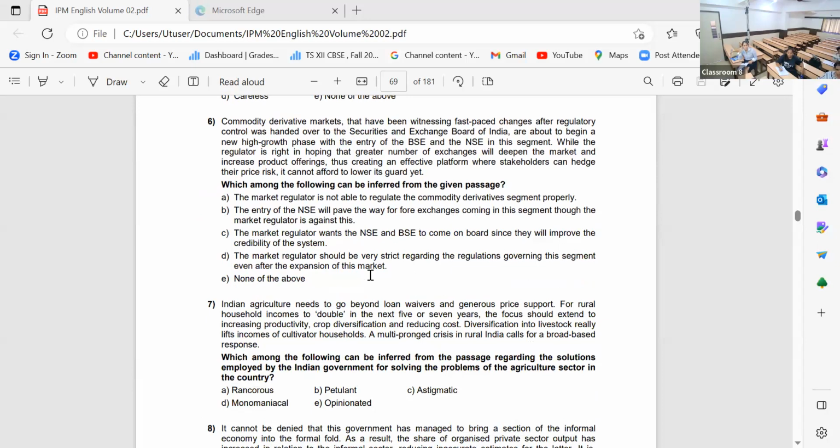Which one, dear? D. She's saying none of the above. No, D. Market regulators should be very strict regarding governing the segment even after the expansion of this market, because it cannot afford to lower its guard yet. Okay, so there is an inference attached to it.